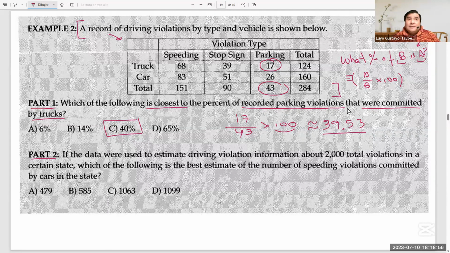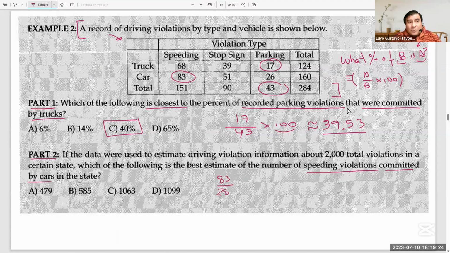How can we do that? We can estimate the relative percent of speeding violations if we take the total number of car speeding violations, because it says speeding violations committed by cars. Here is this number. And we divide that by the total number of violations, which is 284.